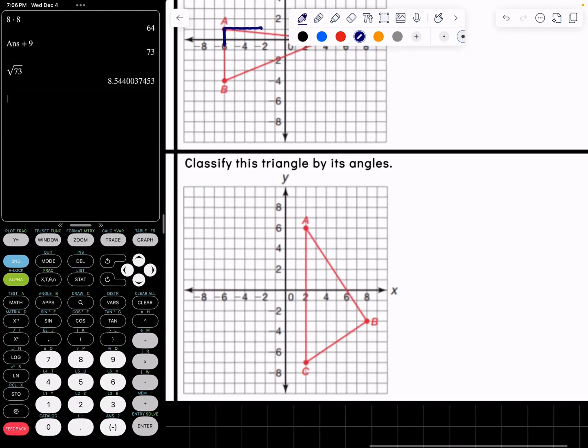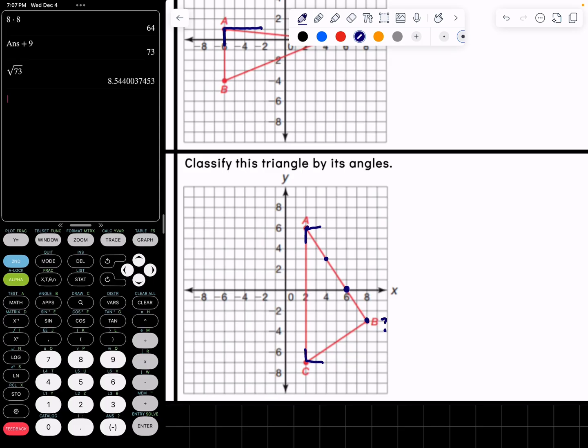Over here, we've got to look at our slopes, because I know that this is going to be less than 90, and I know that this is going to be less than 90. I'm not sure about B. So I've got to look at my slopes. If I'm going from B up here, they're all tracking the same way.